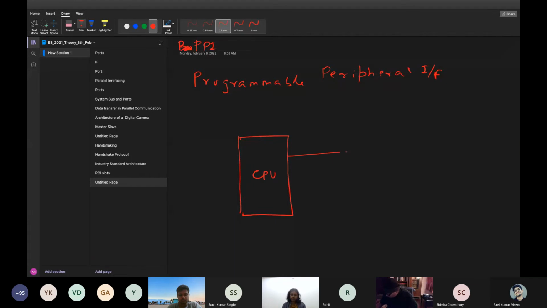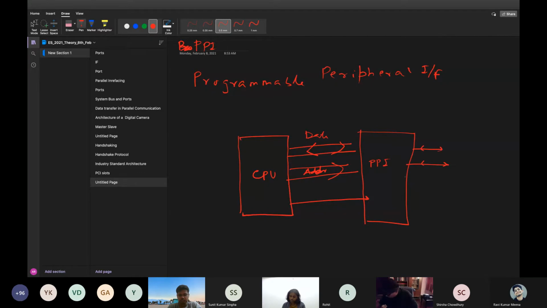The CPU will have this address bus, data bus, this is address, this is data bidirectional, and this is control bus. So this chip will be connected here. The Programmable Peripheral Interface will have several ports coming out. And the chip I am telling you about is a very famous chip, and whatever you see nowadays are actually derivations of this chip. So I am going to tell you about this 8255 chip.